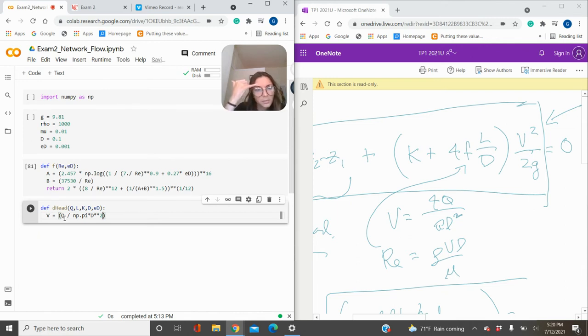Or is it multiplied by 4? I think it's divided by 4. So we can close this off.